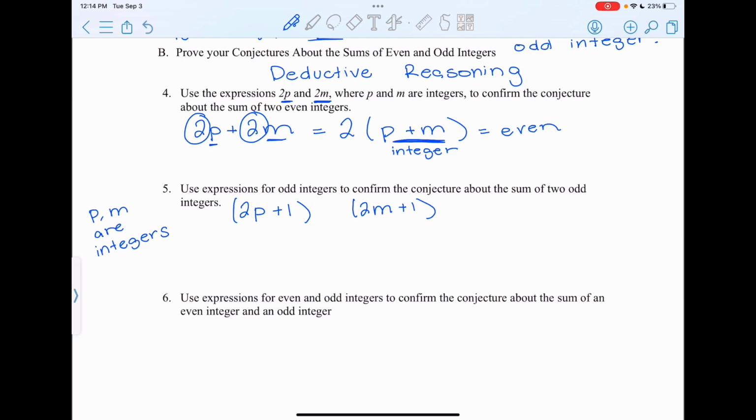2p plus 1 and 2m plus 1 represent odd integers because if I take some integer, like p or m, and I multiply by 2, and then I add 1, it guarantees that that integer will be odd. So I'm going to add these two odd integer expressions together, and I can combine like terms. I have 1 and 1, which would be 2, so I have 2p plus 2m plus 2.